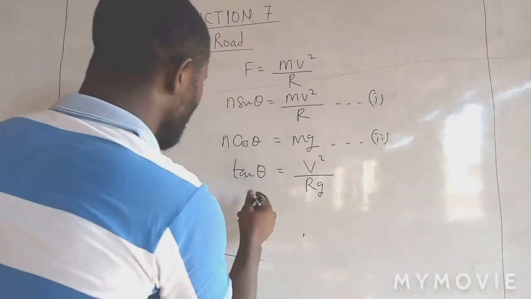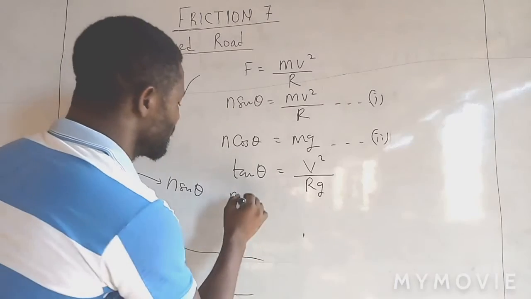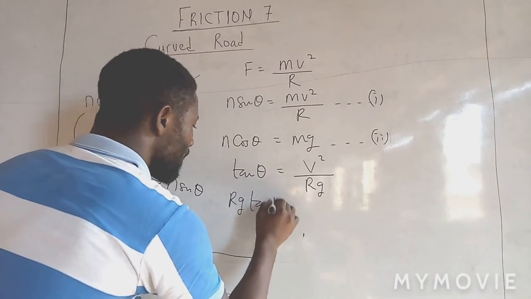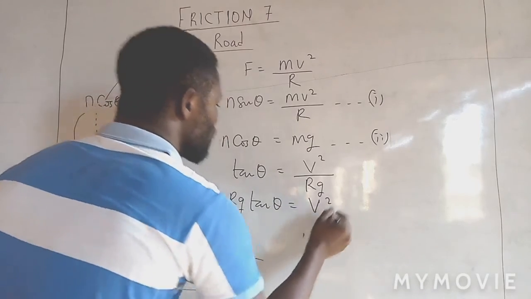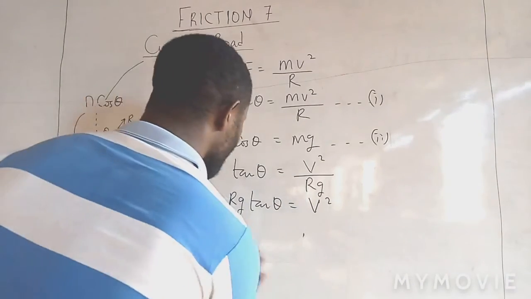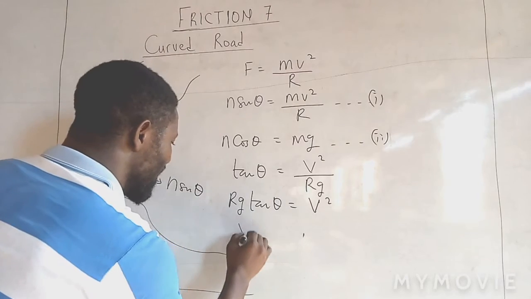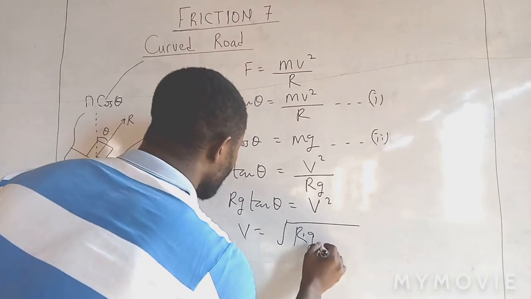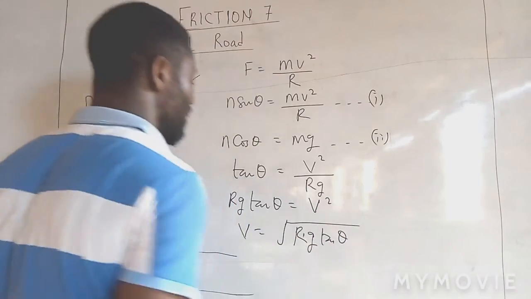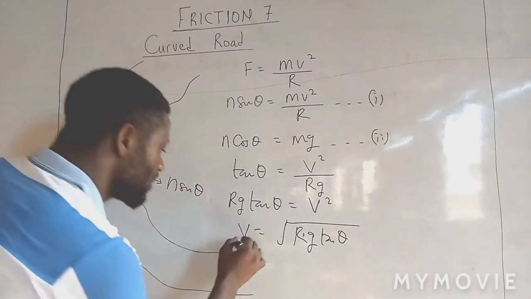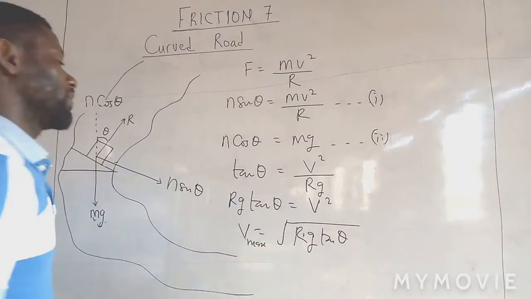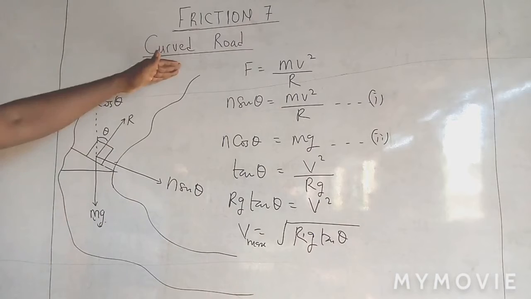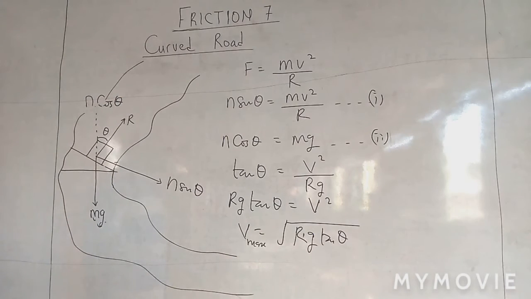Cross multiplication from here will give me rg tan theta is equal to v square. Find the square root of both sides. We have v is equal to square root rg tan theta. This is the maximum speed required by a body to avoid skidding along a curved road.